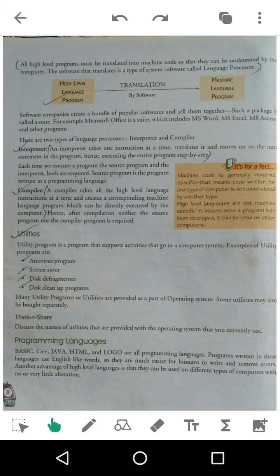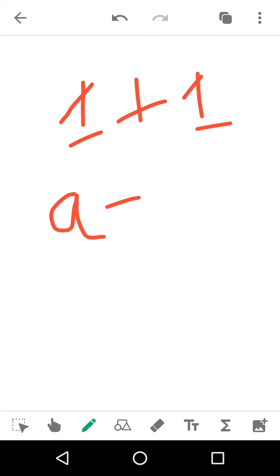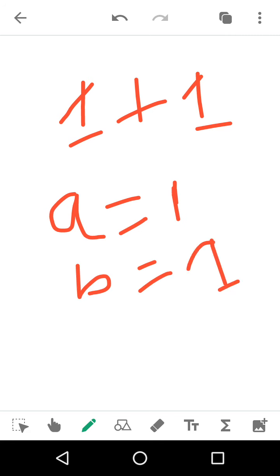Let me show you an example. If you write a program to add these two numbers, 1 plus 1, I am just giving a simple example. Suppose you take a equal to 1 and b equal to 1, which means a's value is 1 and b's value is also 1.